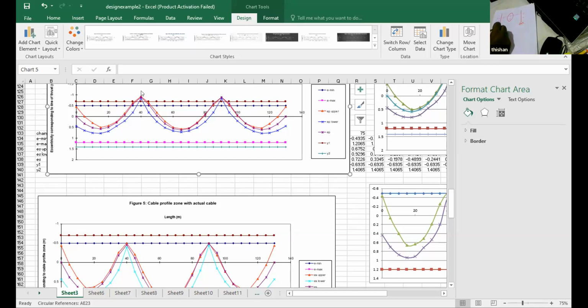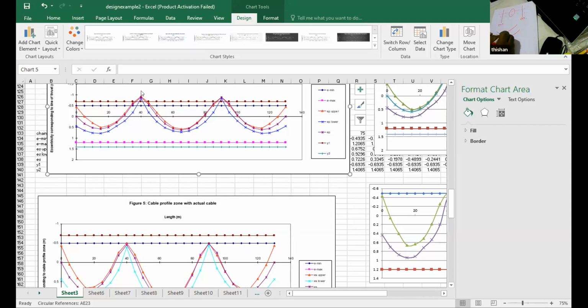And when you fit it at the lower limit, you should get a negative value. Then only you can find a 0 in between. A 0 in between, because we are saying we have two limits.